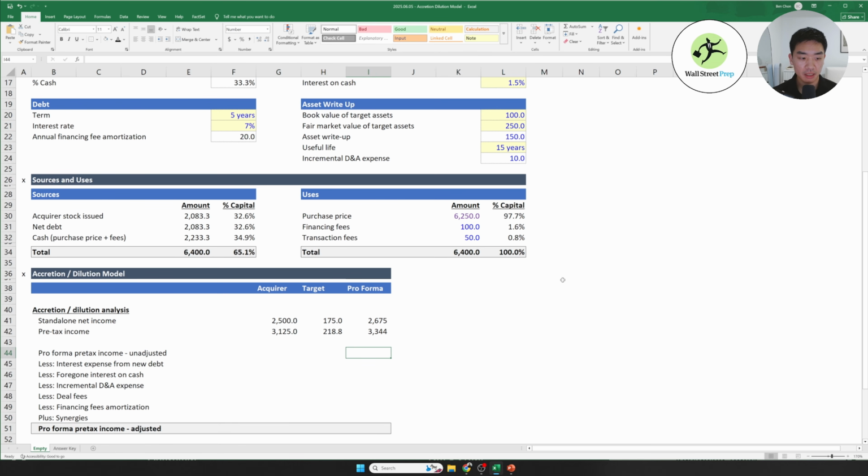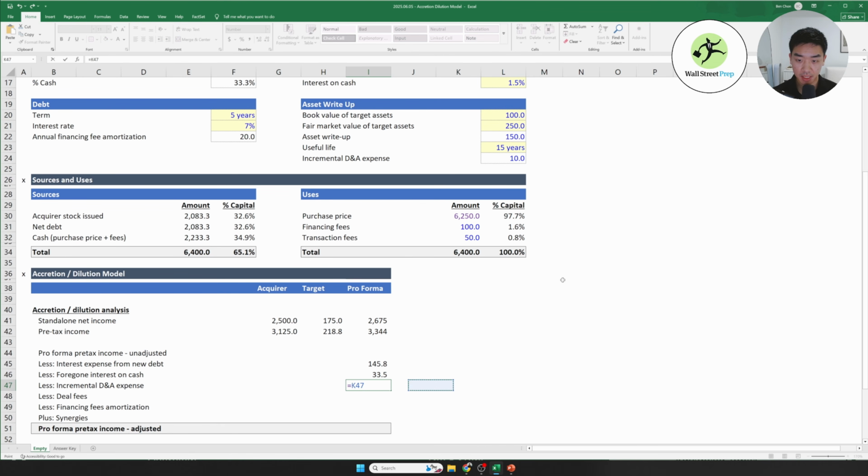So this is your pro forma combined pre-tax income. And then we have to make all of the adjustments, right? So we have interest expense from new debt. We can calculate that by taking our new debt and multiplying by our interest rate. Pretty simple. Foregone interest on cash: get our cash balance, multiply by the interest on cash that we would have earned if we had not spent this cash.